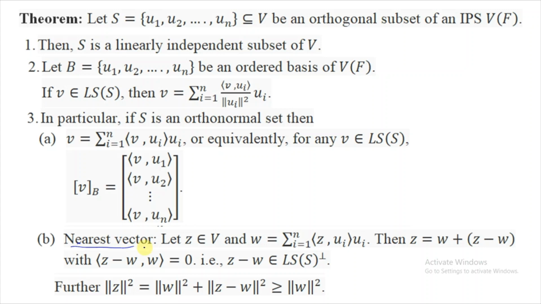Second part, nearest vector. Let Z be any vector, Z belongs to V, and W equal to the summation i equal to 1 to n of the inner product of Z and Ui, into Ui. With W defined this way, the inner product is 0.